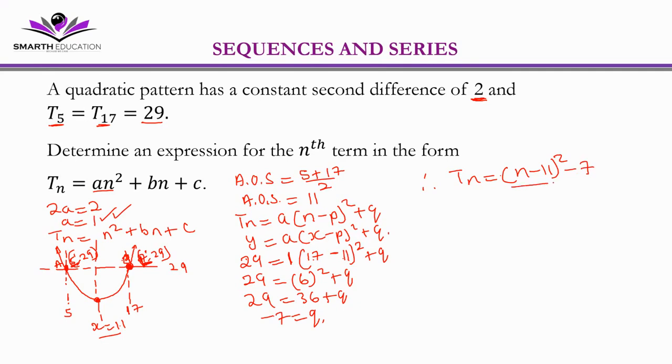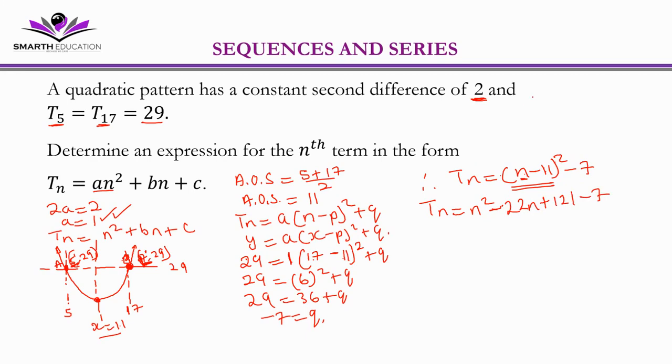Right, then we can expand this. Tn is equal to, we expand this square binomial, so it's n squared, square the n, maintain the sign, and then 2 times n times 11, which is 22n. And then this one is always positive, 11 squared is 121, minus 7. You can do it the long way.